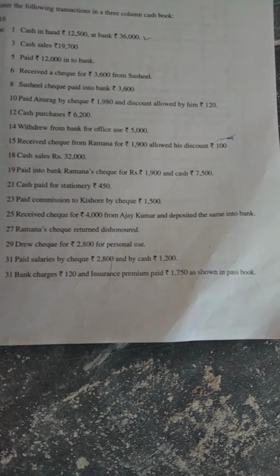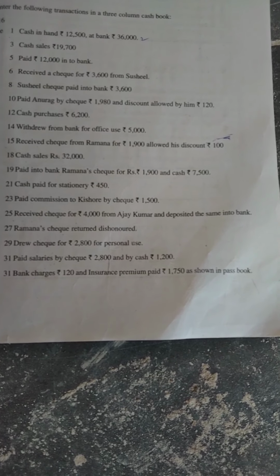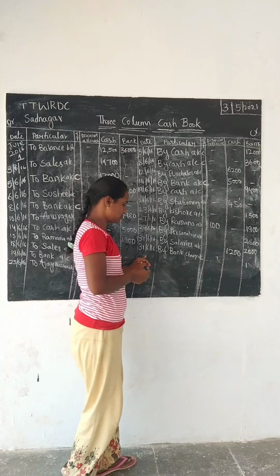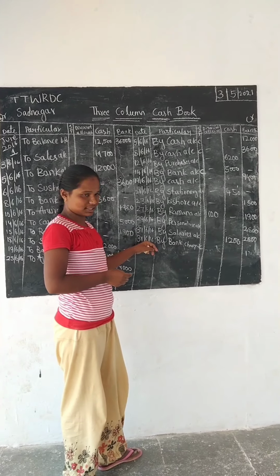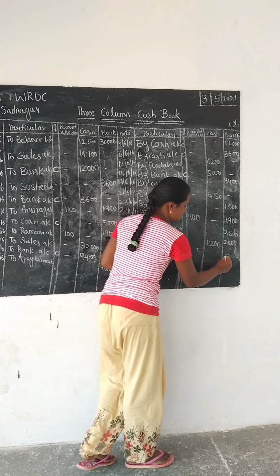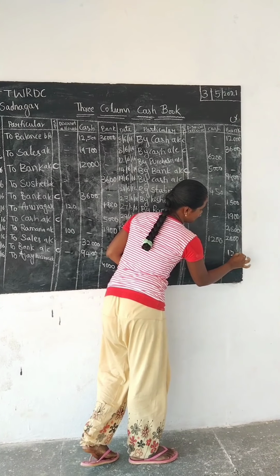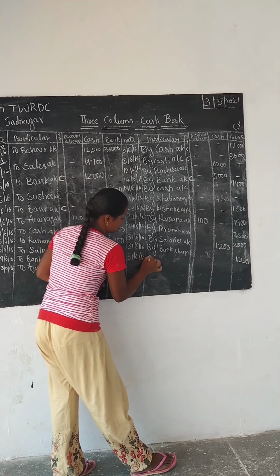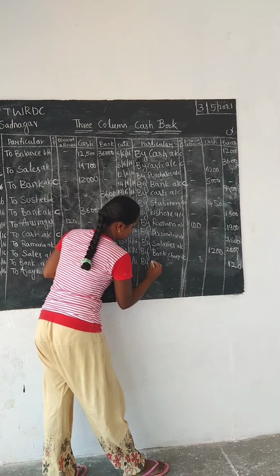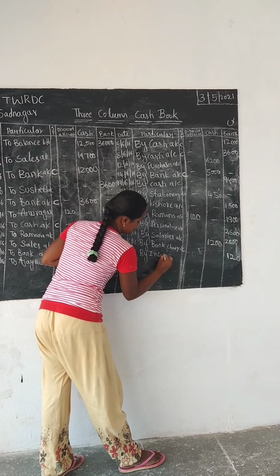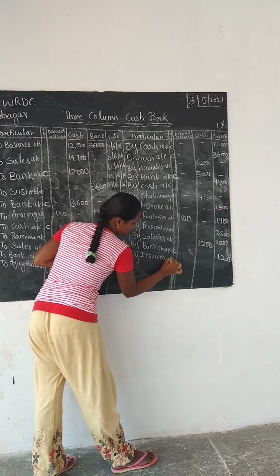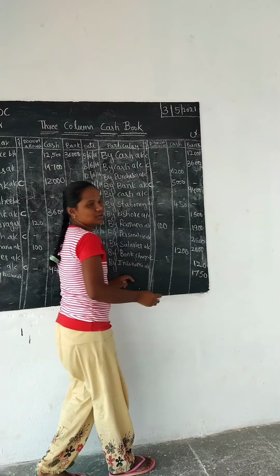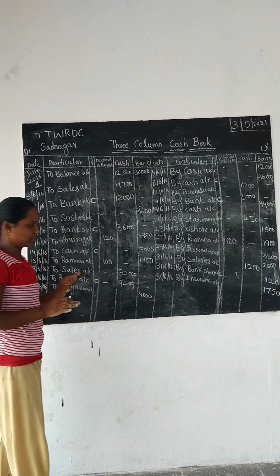Here we are paying insurance and bank charges, so it is also the credit side. 31st June 2016, the bank charges are 120. On the same date, we are paying the insurance account 1,750. Now our transactions are completed.